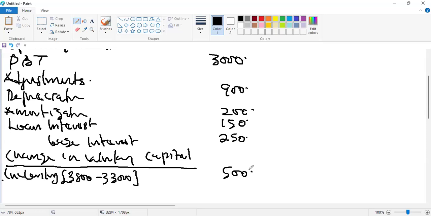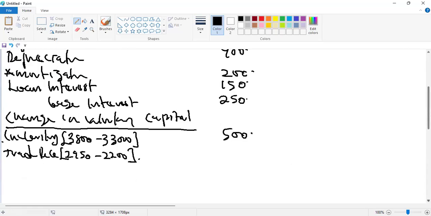Trade receivable at the beginning, 2,200. At the end is 295. So 295 minus 2,200. It's an increase in current assets. Give us how much? 750. So is it inflow or outflow?